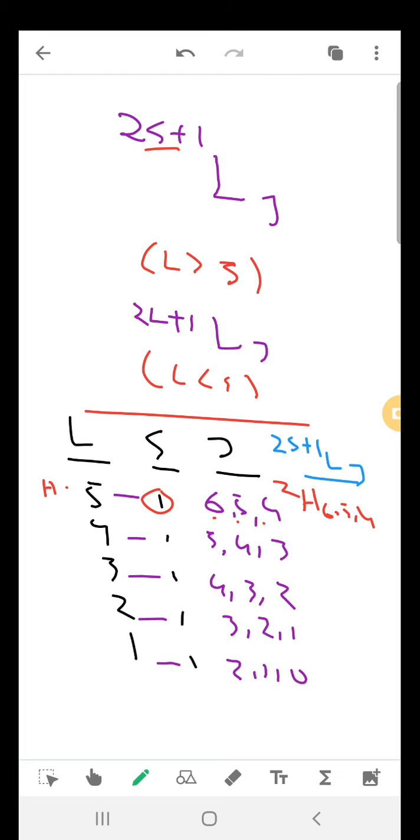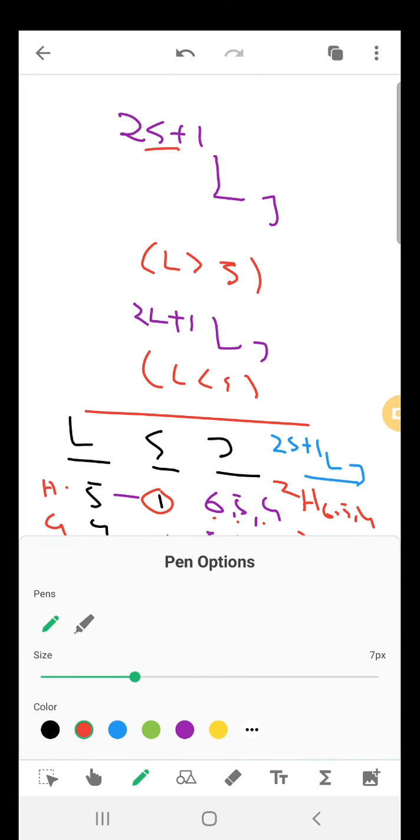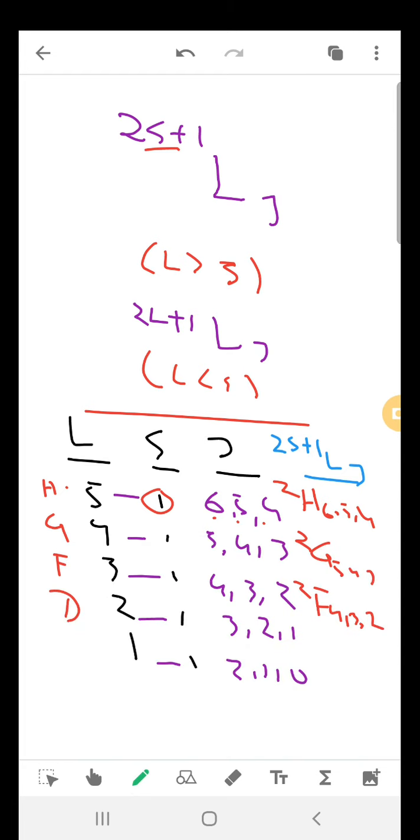Here again it will be G, so in a similar way we can have 3G with 5, 4 and 3, then 3F with 4, 3, 2, and then D. Sorry, extremely sorry, I said 2 earlier, but this should be 3.